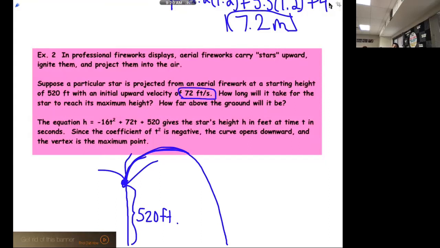Now it says, how long will it take for the star to reach its maximum height? How far above the ground will it be? Guess what we're looking for? The vertex.